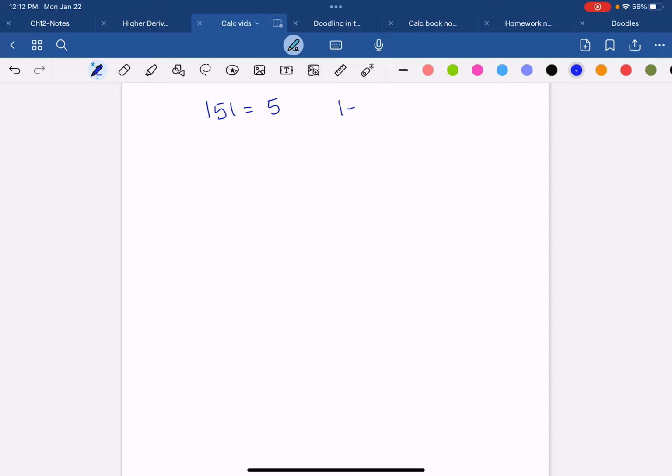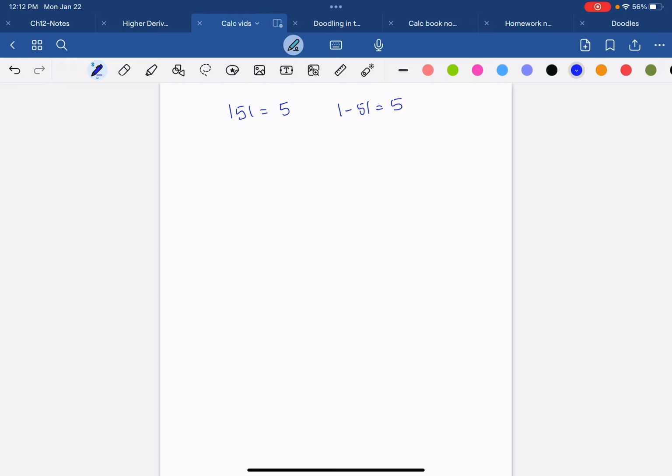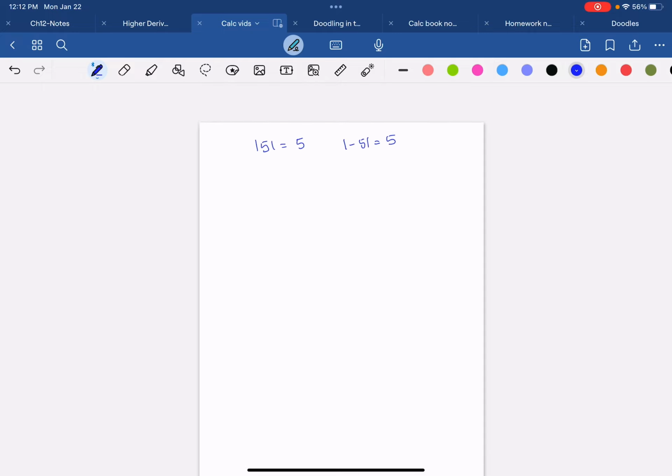If you take the absolute value of -5, this is equal to 5 as well, because you're just moving 5 units from 0. You are 5 units away from 0. That's what you're talking about with absolute values: if you have a negative inside your absolute value, it is just talking about the absolute value of that number. The negative doesn't matter there. The number itself is what is important.